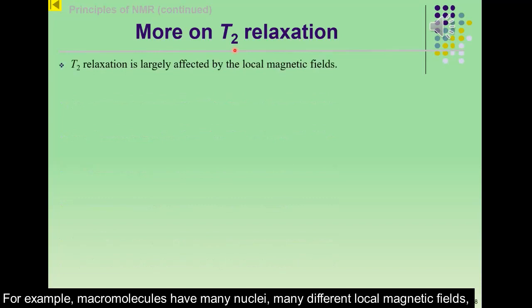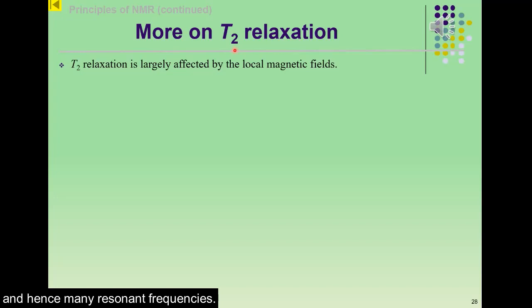For example, macromolecules have many nuclei and many different local magnetic fields, and hence many resonance frequencies.